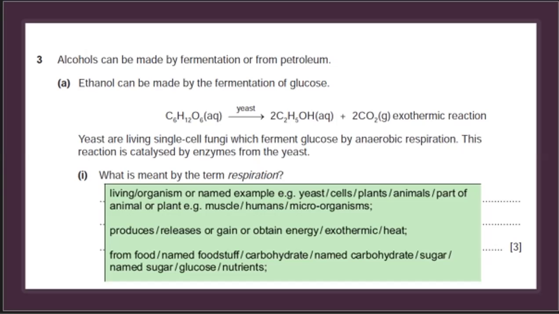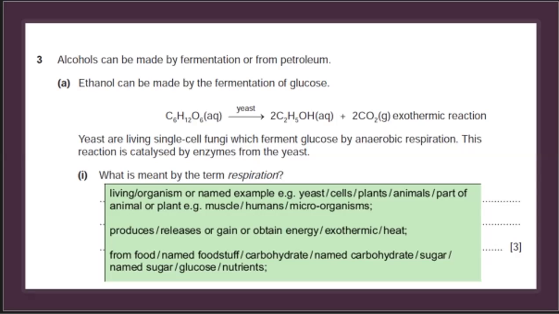And they tell you that this reaction is an exothermic reaction. When we speak of exothermic, it means that more energy is being given off than absorbed. So yeast are living cells, single cell fungi, which ferment glucose by anaerobic respiration.